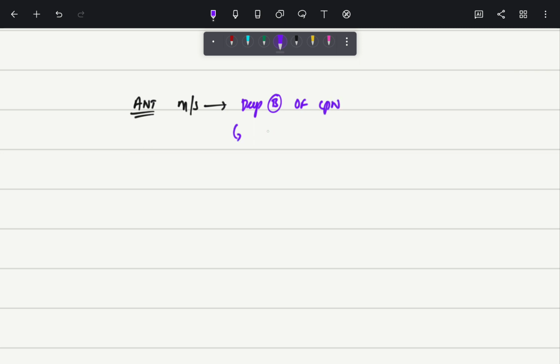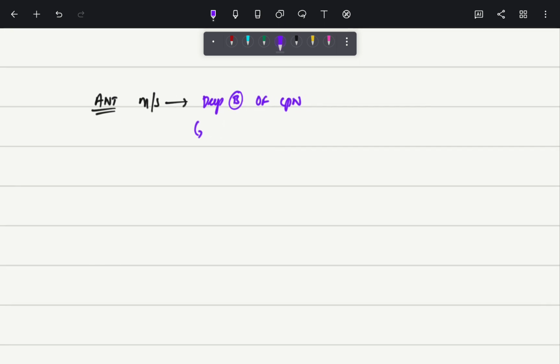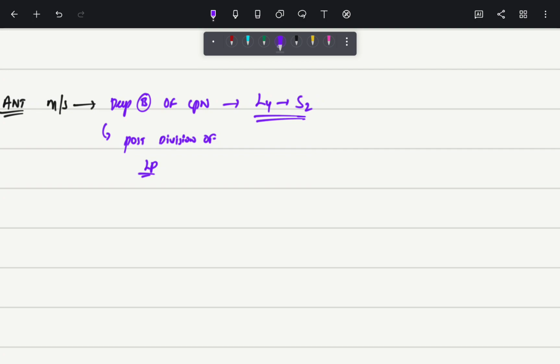Now the common peroneal nerve is derived from the posterior division of the lumbar plexus, especially L4 to S2. Okay. Now what are the muscles present in the anterior compartment?